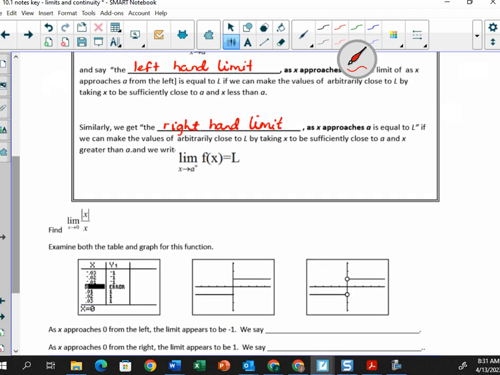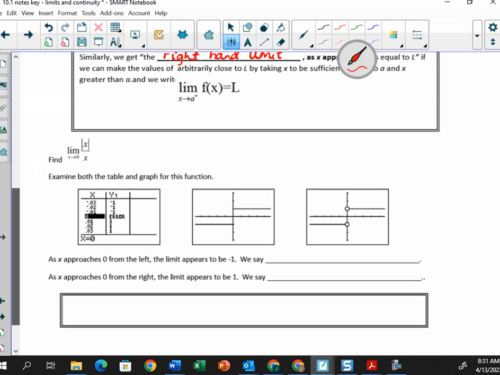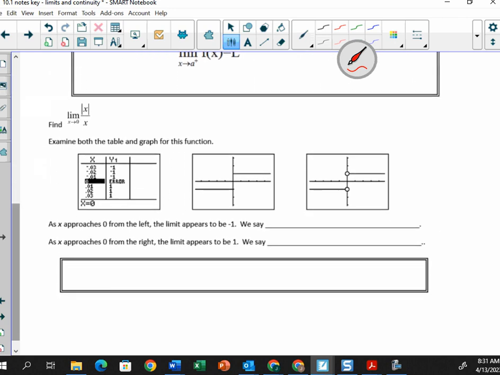All right. Let's talk about this function now. We've got the limit as x approaches 0 of the absolute value of x over x. It's not one you guys are used to graphing every day, but do we see how just plugging 0 in is not really going to work? Right? We'd have a 0 in the denominator.